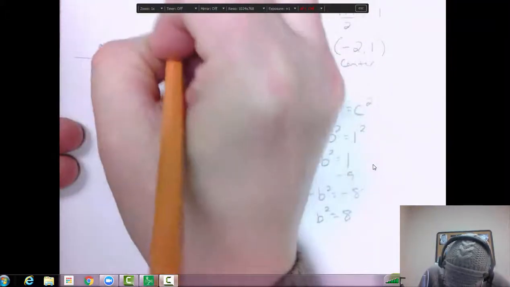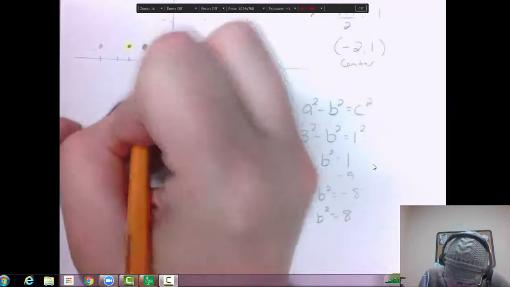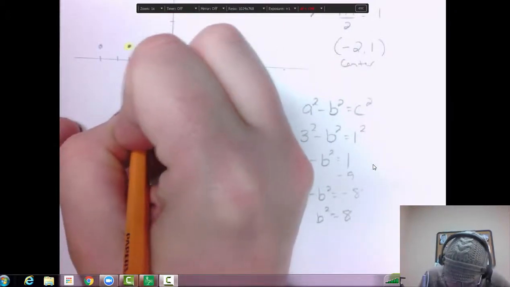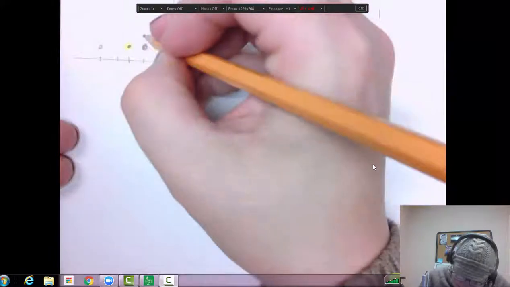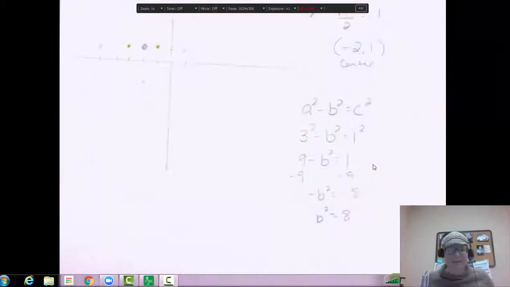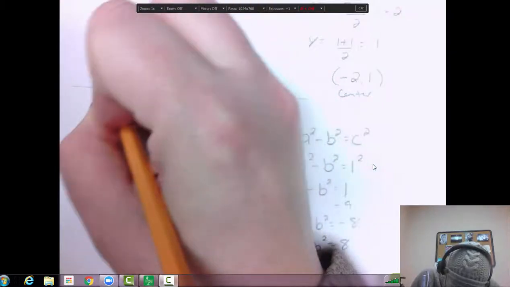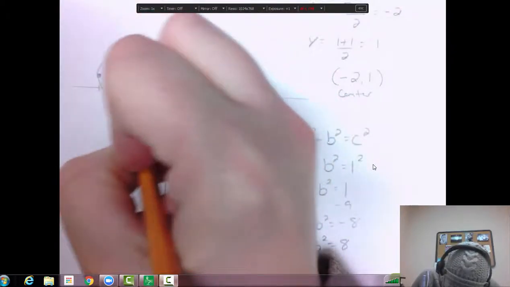So the distance is 1, 2, almost to that 3, so that we know what the ellipse looks like. We went out 2.8 on the y here, and then we can see our graph.